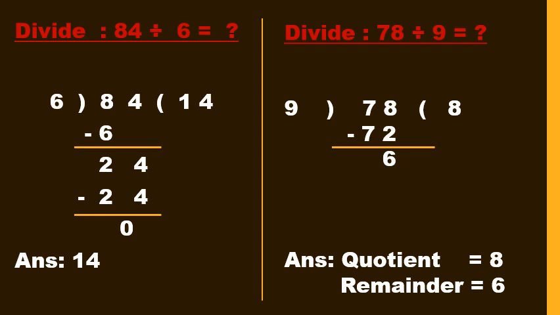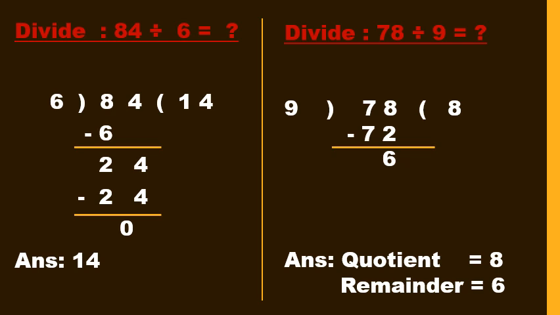So obviously we are going to take 6 ones are 6. And here we will write 1 in tens place in the quotient. And we will put 6 just below 8 in tens place in the dividend.